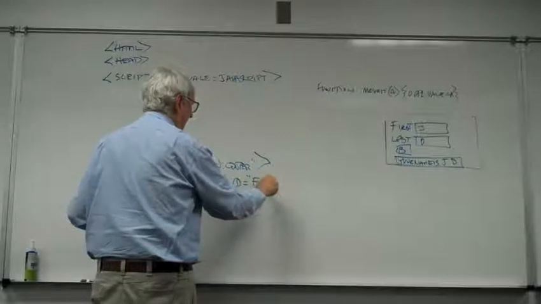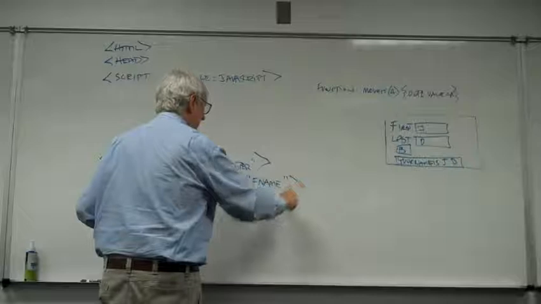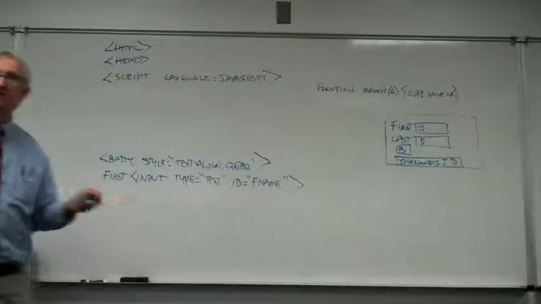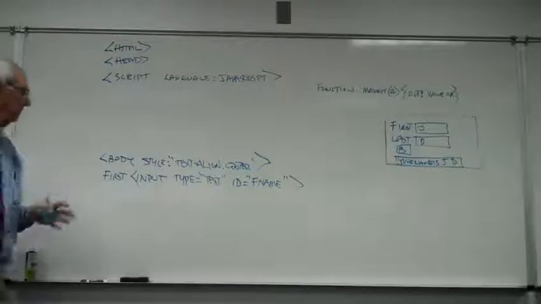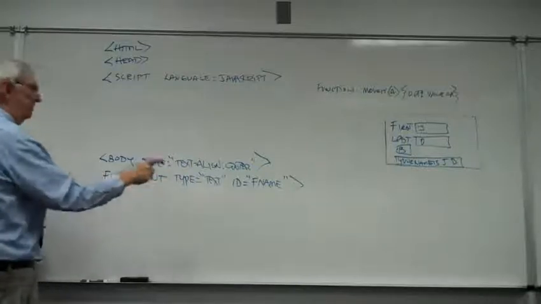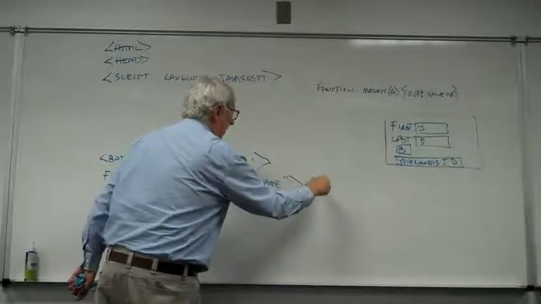I'm going to give it the name fname right there. In other words, the ID of this thing is fname, so whatever they type in is going to be the first name. It's going to go in that variable. Okay.